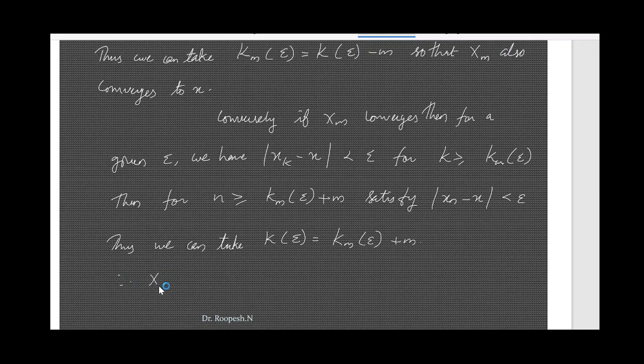Therefore x converges to x if and only if xm converges to x, right? I missed that one. Converges to x if and only if xm converges to x. Hope you understood this.